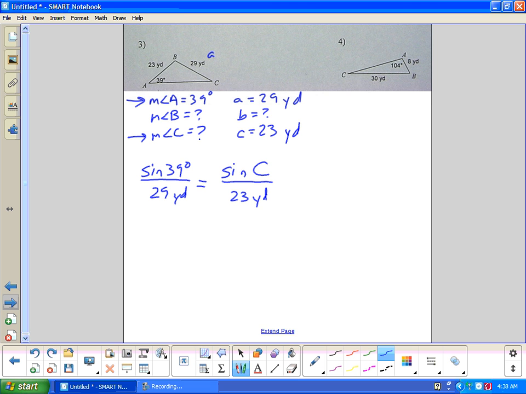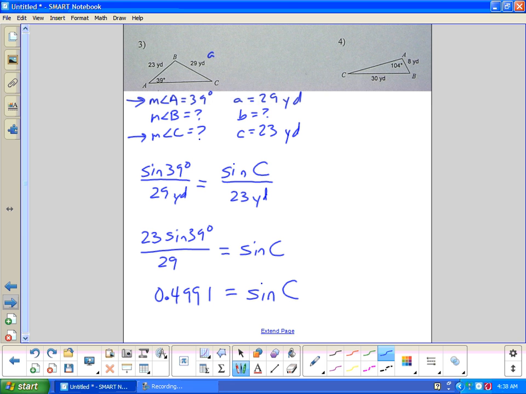Again, multiply by 23 yards on both sides, and I get 23 sine 39 over 29. That equals sine C. Now it's important you keep the decimal places, otherwise you're going to have rounding error. When you divide this on your calculator, you're going to get a very long decimal, but you want to at least take 4 spots. And when you solve this, you haven't found C. You found sine C, which is the ratio.